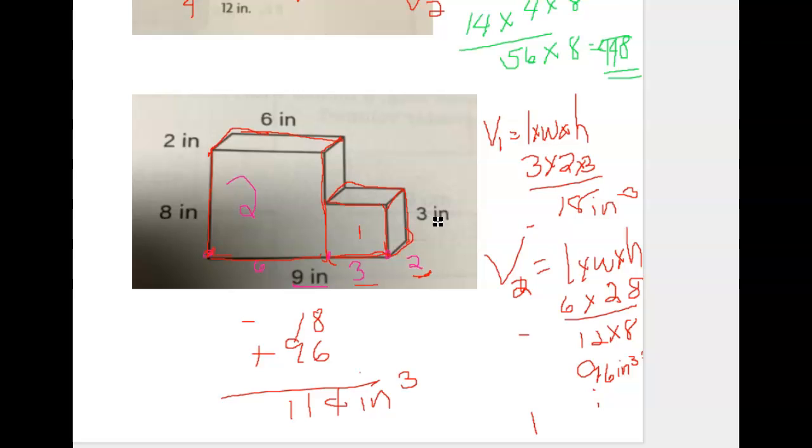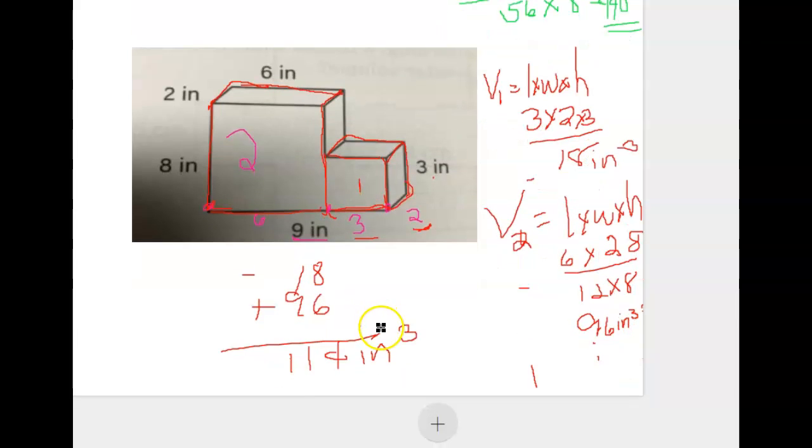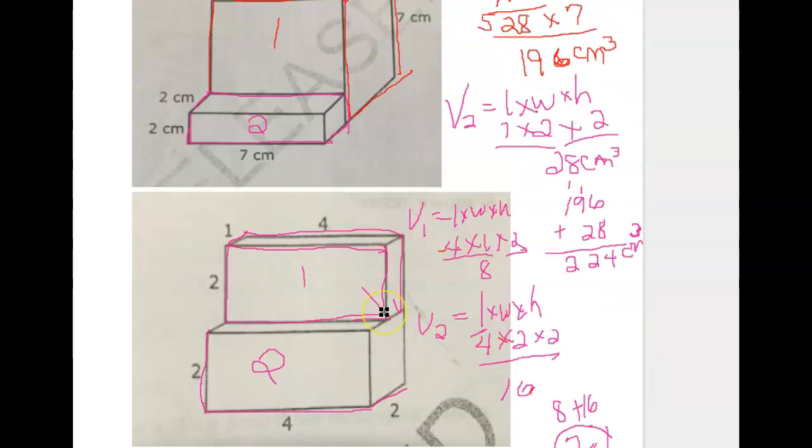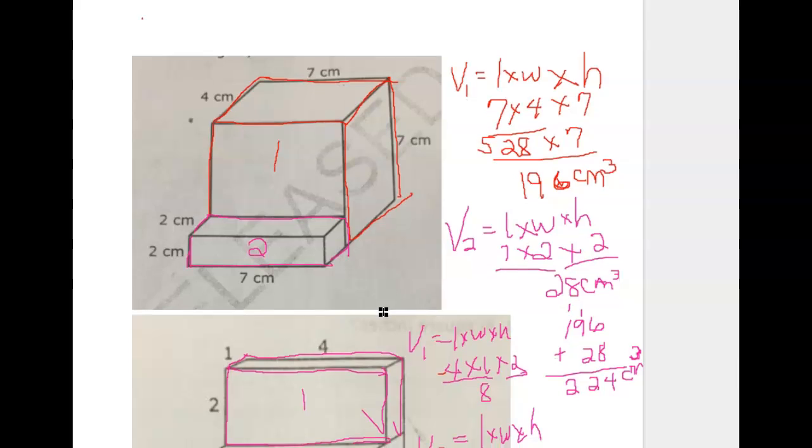Okay, now let's move on to box 2 here. Analyze. Do we need anything? No. Why? The height is here, the width is there, and the length is there. So very good on this box here. Is there any question? Okay.